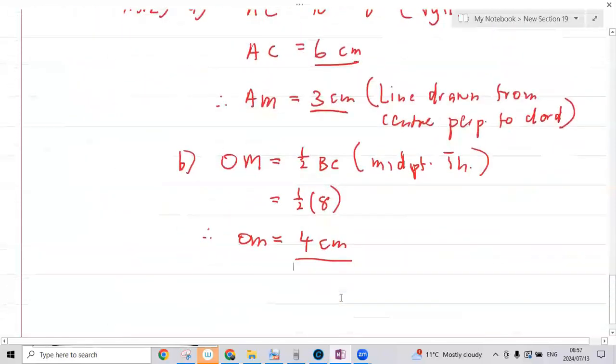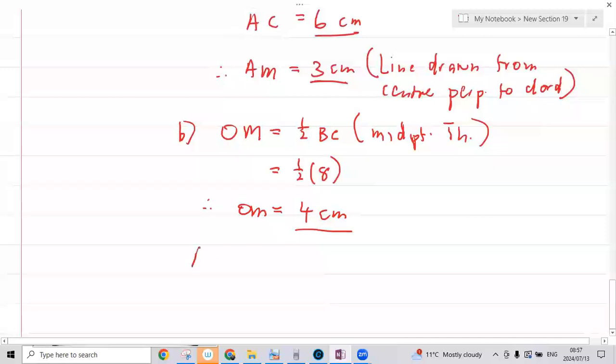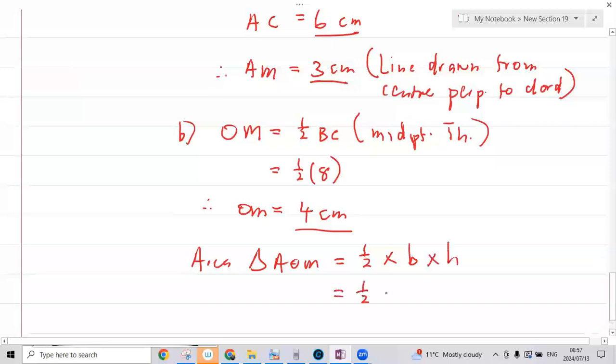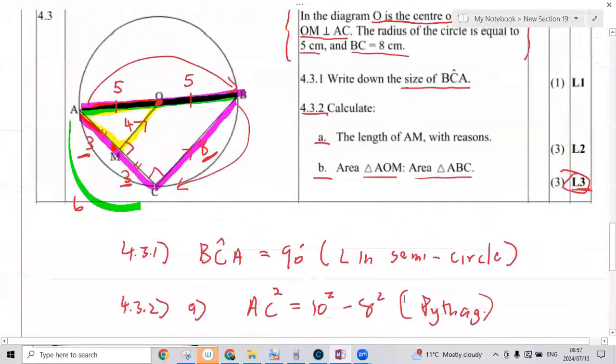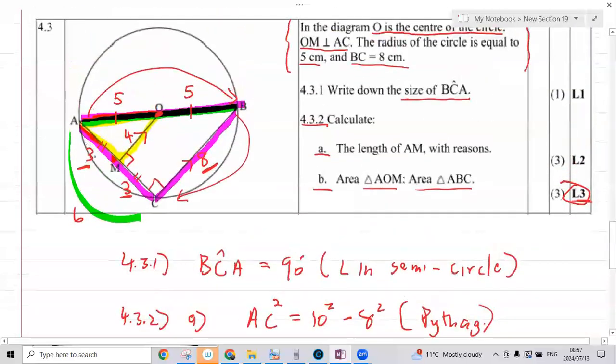Now, we can find the area of triangle AOM. And what's the area? I'll write the formula for you. Half times base times height equals half times, so the base is, you can use either 3 or 4 times 3, right?